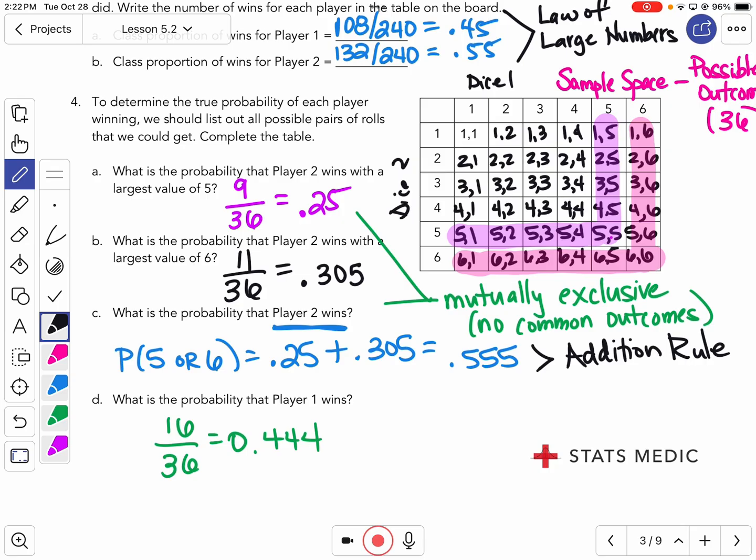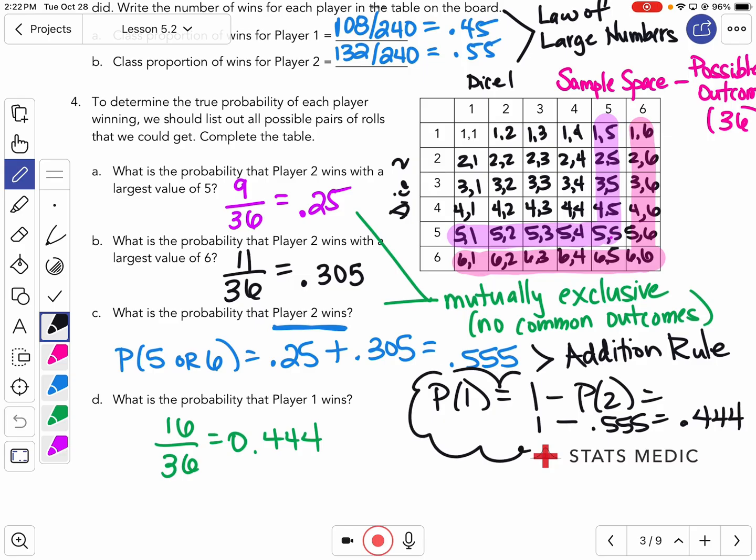So if I know the probability of player 2 winning, player 1 would be 1 minus the probability that player 2 wins. So 1 minus that 0.55, guess what? It's 0.44. This is referred to as the complement rule. It's just 1 minus what we already know, because all probabilities should add to 1.